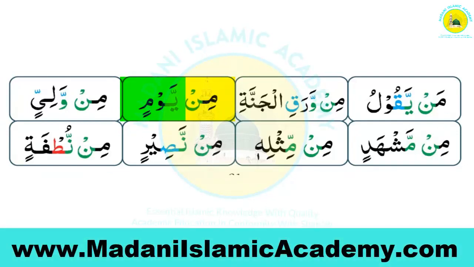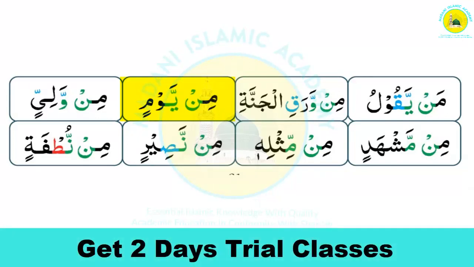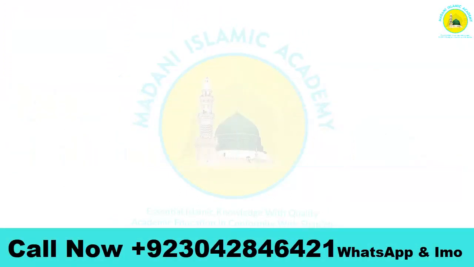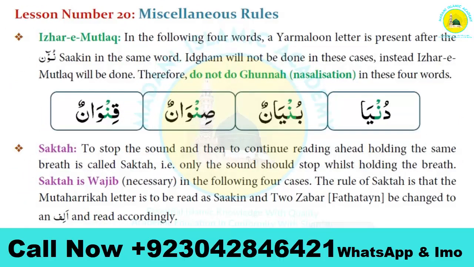So that's why the difference between idgham and izhar mutlaq is, in idgham, after the noon sakin or tanween, the ya or any haruf yarmalun will appear in the next word. And the other rule that we're learning today, the haruf yarmalun appears in the same word. Now if it appears in the same word, izhar mutlaq will happen.